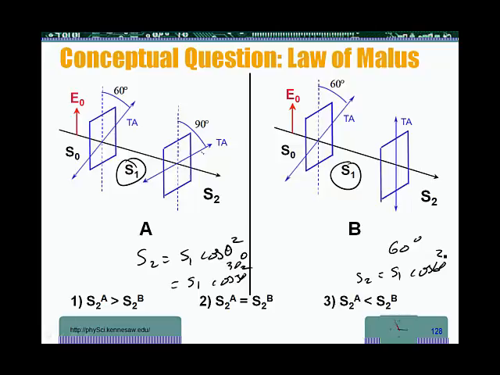Remember that cosine of 60 is 1/2, while cosine of 30 is very close to 1, .867, something like that. So that tells us S2 for A is larger than S2 for B. If the angle here of the second polarizer was 45 degrees, we would get the same intensity out.